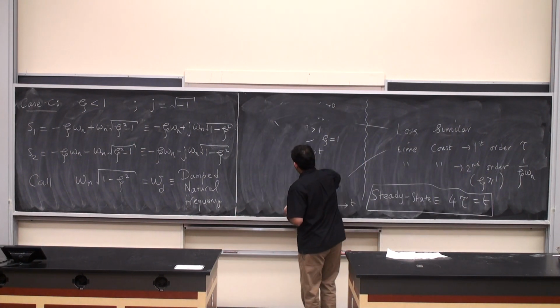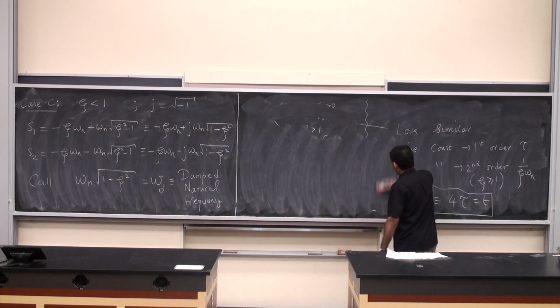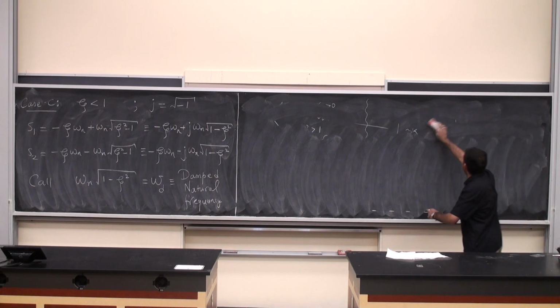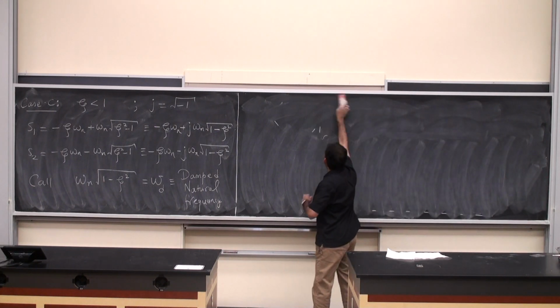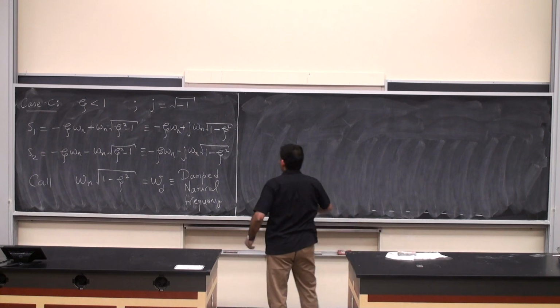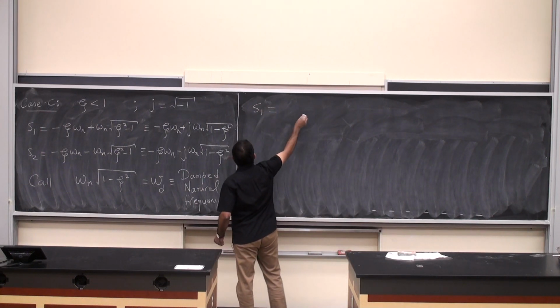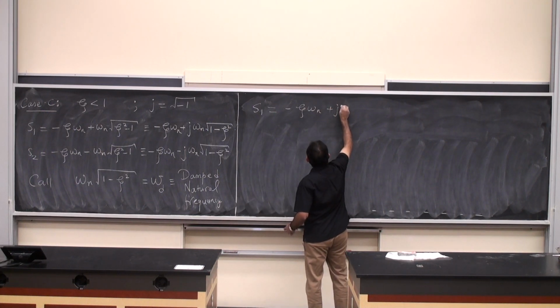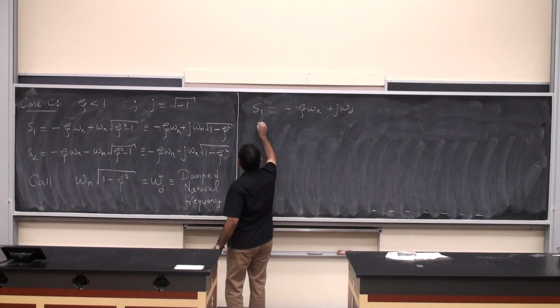And so my roots are the following. S1 is minus zeta omega n plus j times omega d.